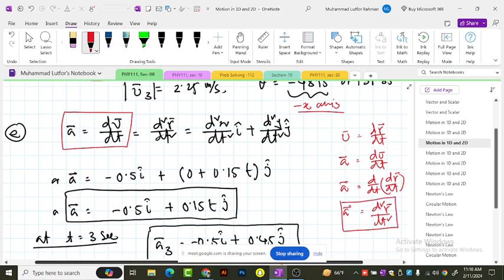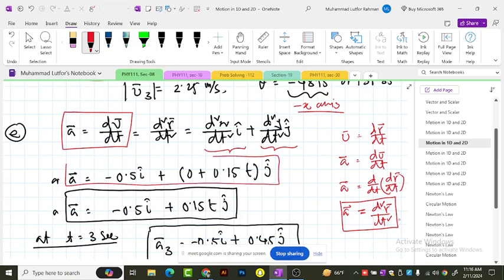And since this is 2D position, two-dimensional motion, it should be in terms of d square x over dt square i hat plus d square y divided by dt square j hat. And then if I take that second time derivative of that position function, I will find out these equations simply. You know how to find out that position function, right?